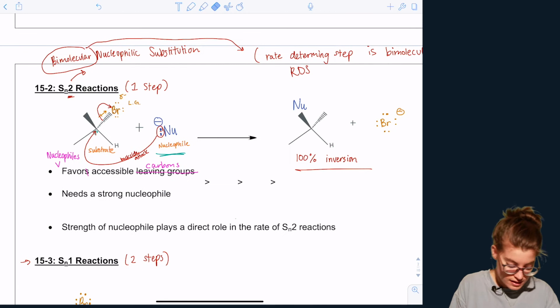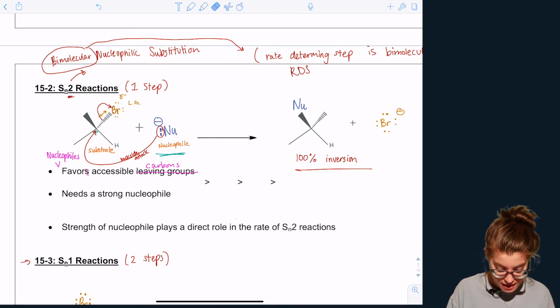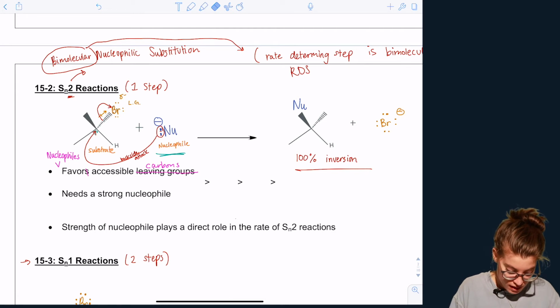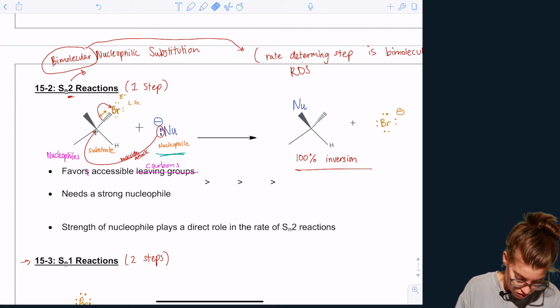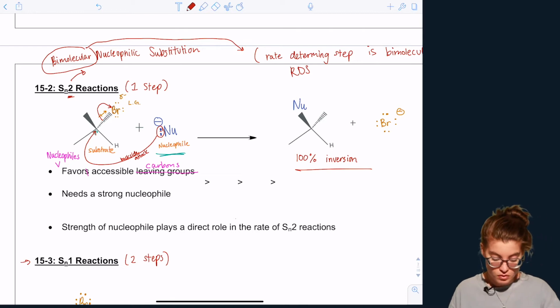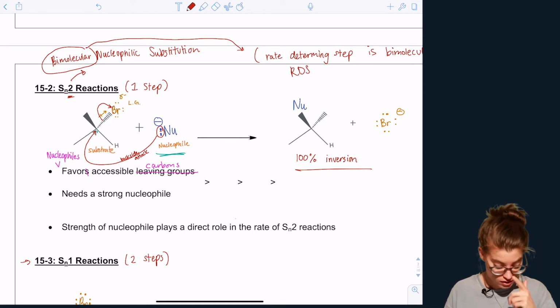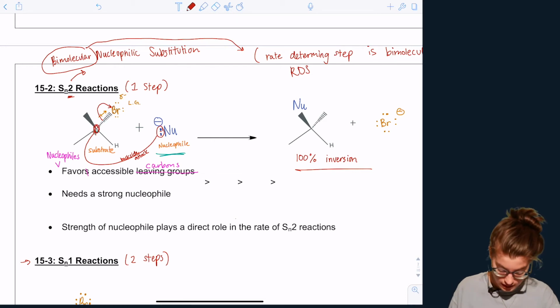Okay, so let's look at these bullets we have. So, firstly, I made a little bit of changes here. I wanted to specify that nucleophiles favor accessible carbons. What does that mean? Well, it has to do with the substitution of this carbon that it's attacking, okay?